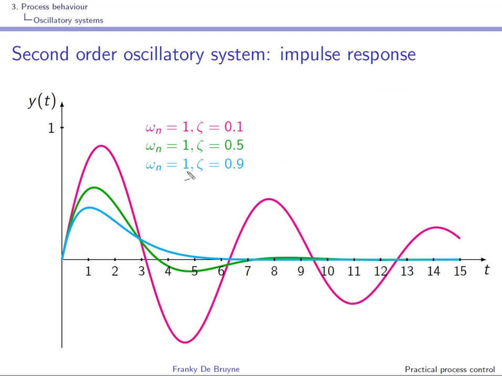The natural frequency is 1, right? Remember that the natural frequency is 2 pi over the natural period, right?